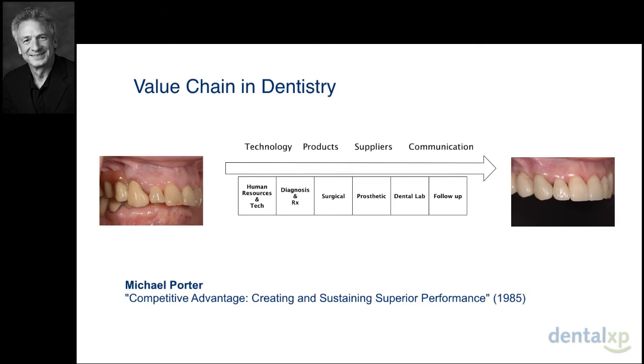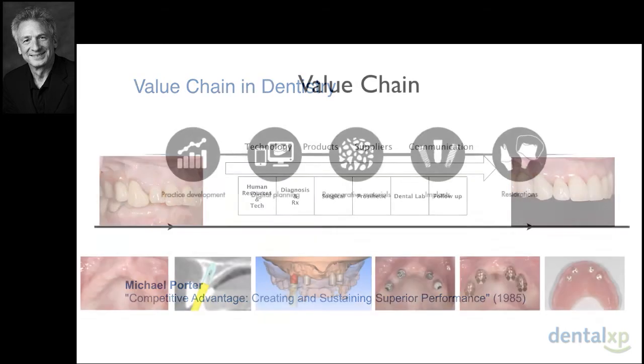Incorporated into this value chain are a number of different components: technology, products, suppliers, communication. We could look in every one of these boxes and spend all day discussing them, and we could look at it from a quantitative and a qualitative point of view, and see how that impacts both our productivity and the quality of care that we provide our patients.